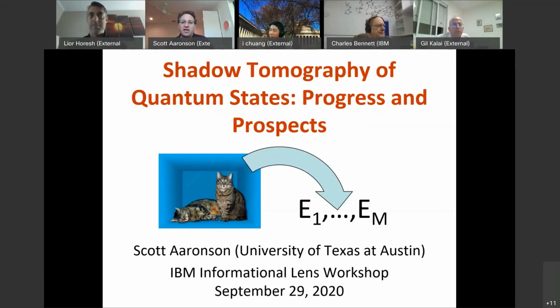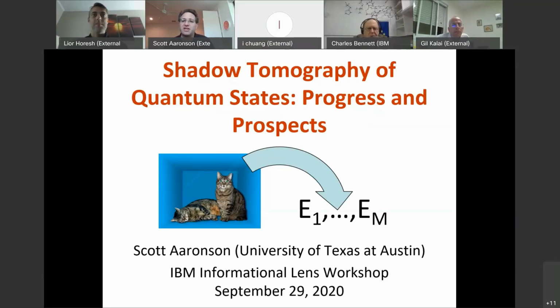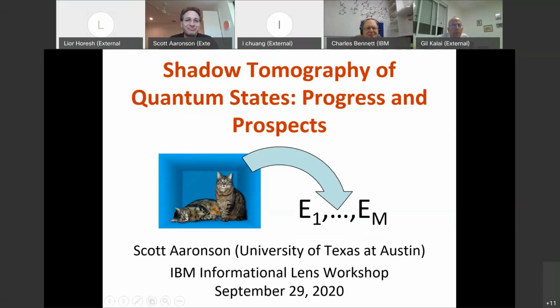So this is a task that I call shadow tomography of quantum states. Actually, it was a physicist, Steve Lamia, who suggested this name to me. I have found that physicists are just consistently better at naming things than computer scientists are.